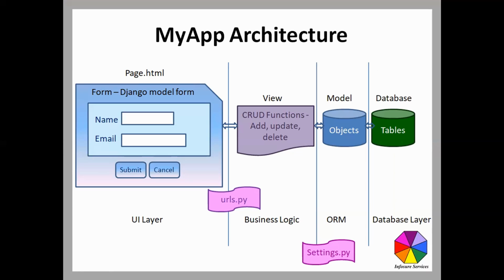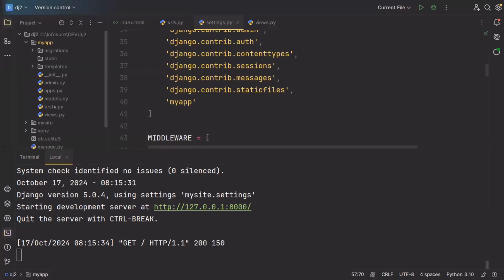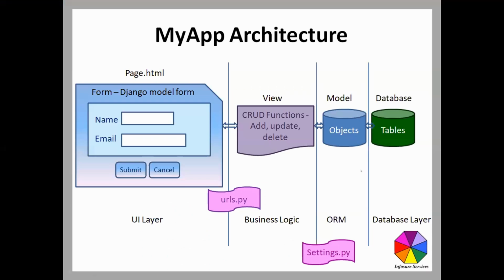All that is provided by Django. And when you come to creating your app, my app in this example, it has some files. The templates, the HTMLs are here, the static files are here. So among these files, there are some things which you have to understand. That's why we come to my app architecture.